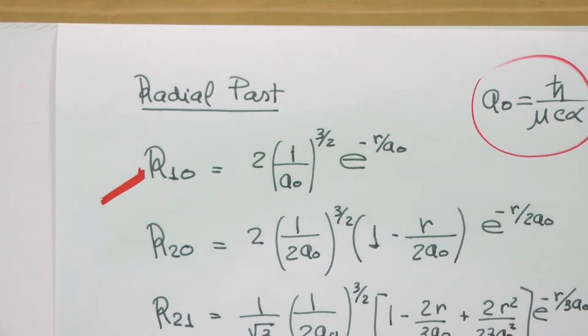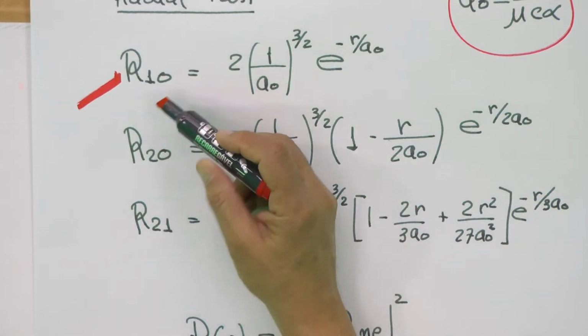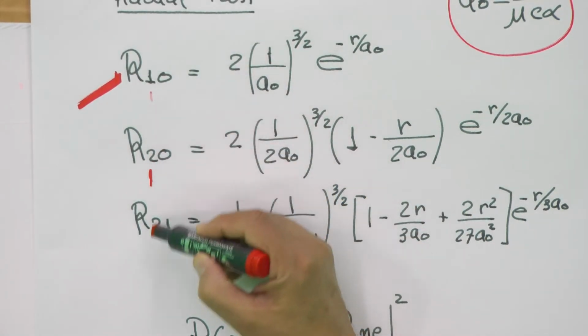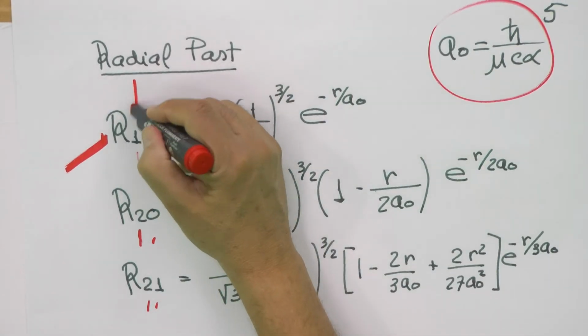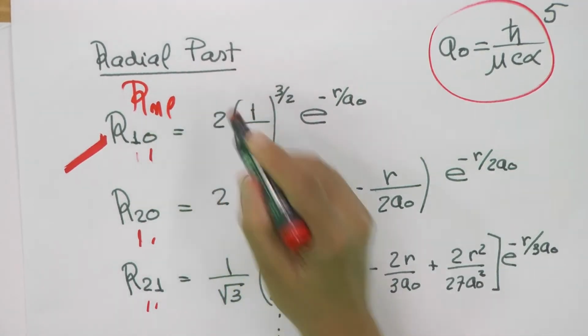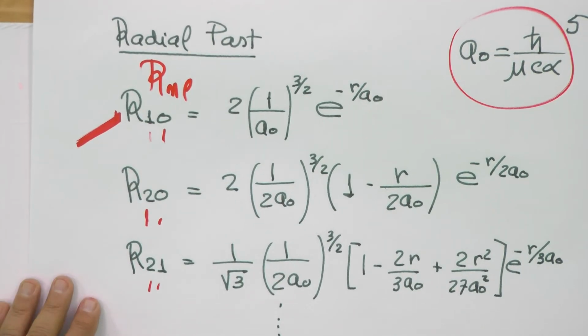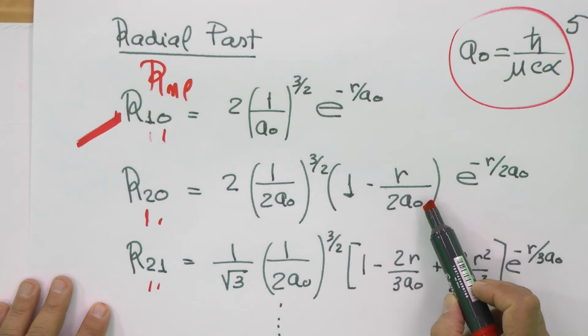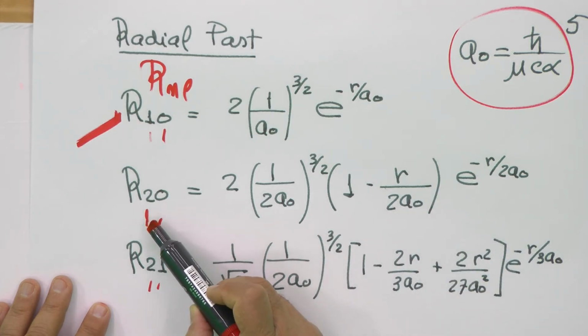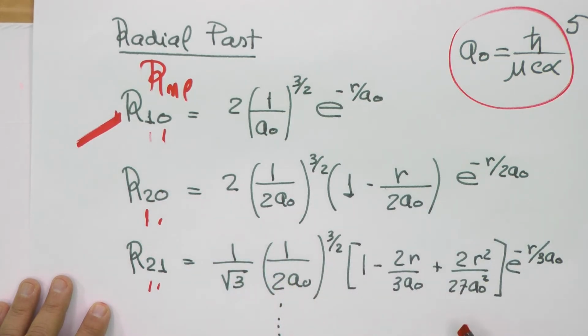When I change n, and this is the l, I'm using the notation R_nl. Depending on the n, you have different polynomials here for the radial part, and depending on the l, we're going to have a different dependence on the exponential too.